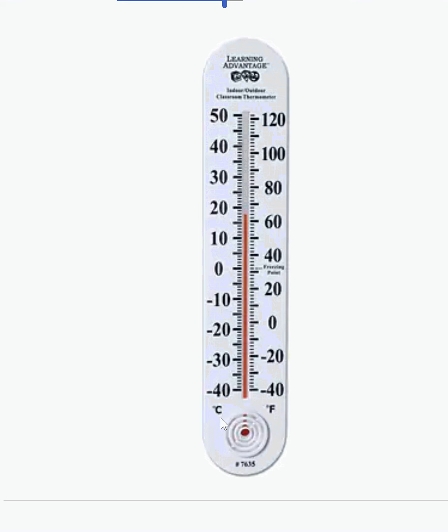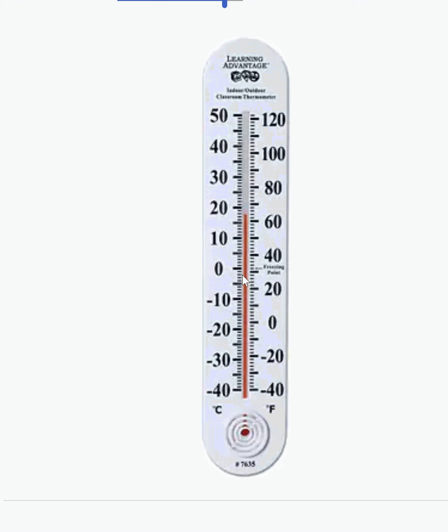So actually, the Celsius unit is very convenient. You can see the ice point. That's from water to ice. The water is frozen at 0 degrees Celsius. That's 32 degrees in Fahrenheit.